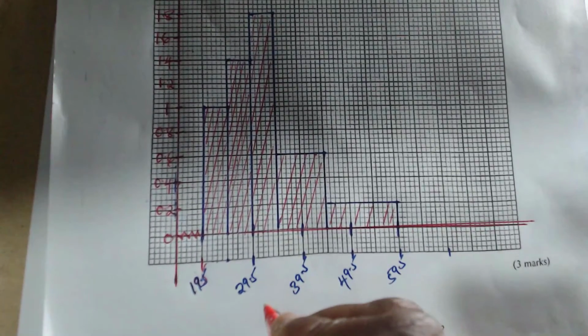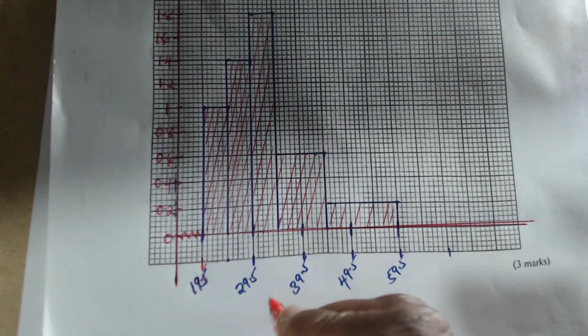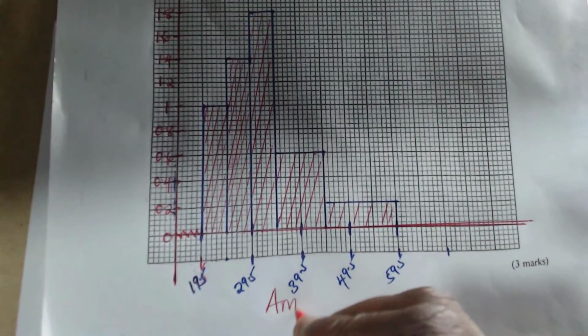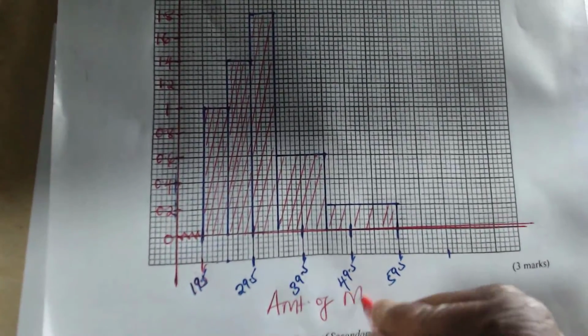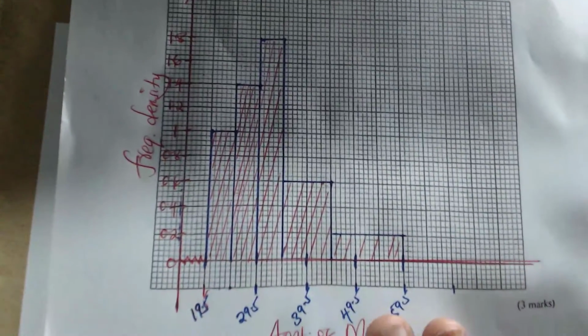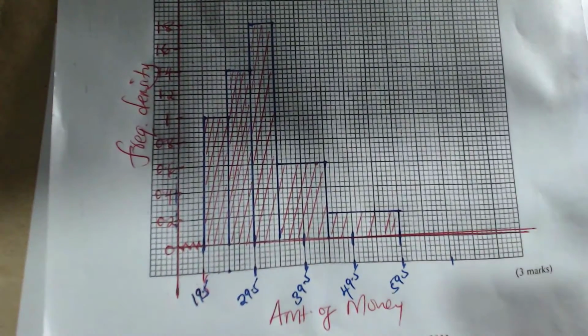This one represents the amount of money, and then here we have the frequency density. So that is now the complete histogram.